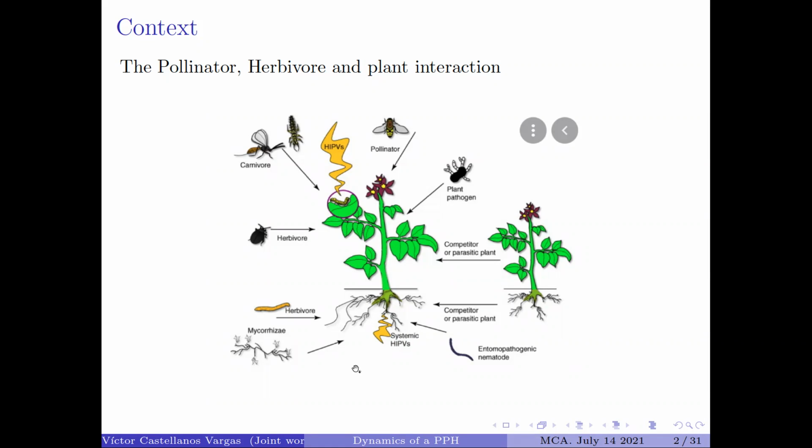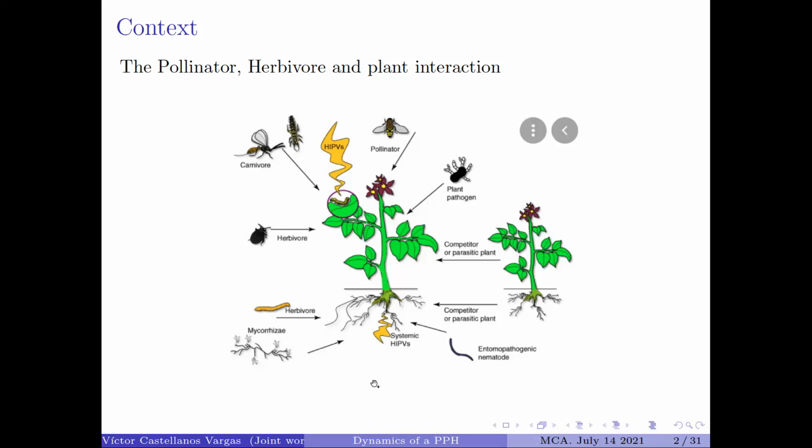The reproduction of the plant depends on the pollinator, but not the reproduction of the pollinator. Plant growth and reproduction are highly affected by herbivores, and these in turn require plants to survive.